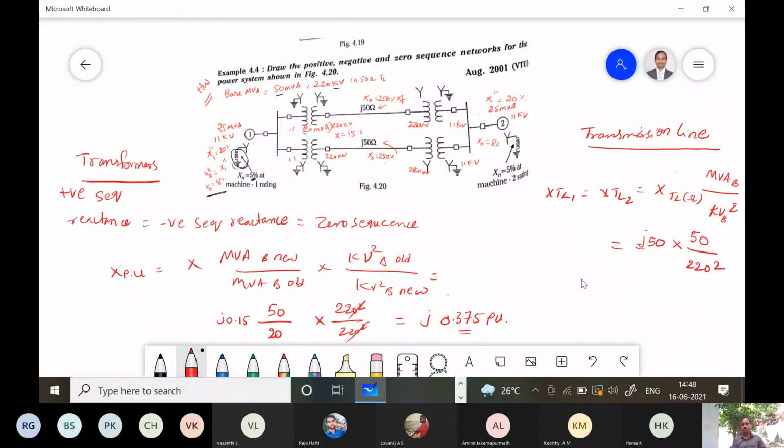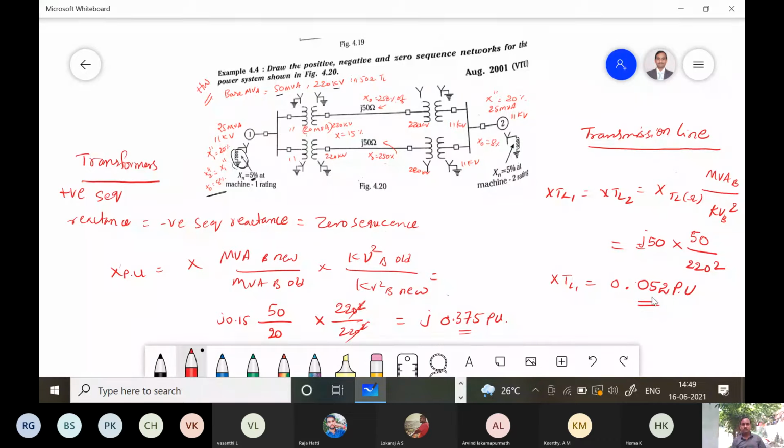Calculate this and we will get XTL1 per unit and XTL2 per unit. How much is it? 0.052 per unit.